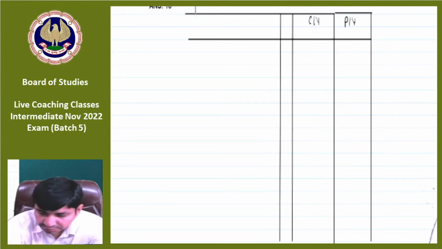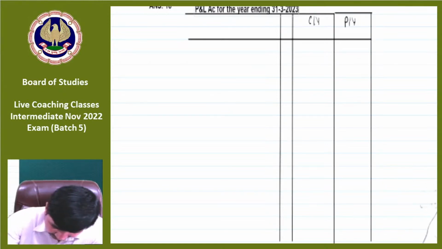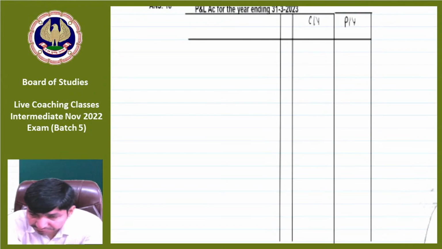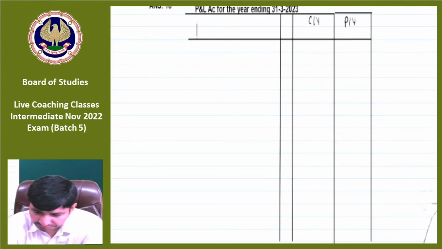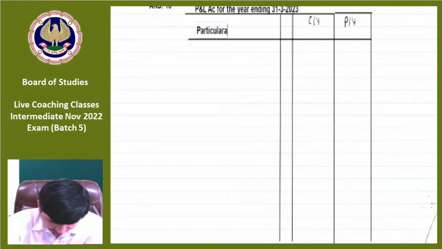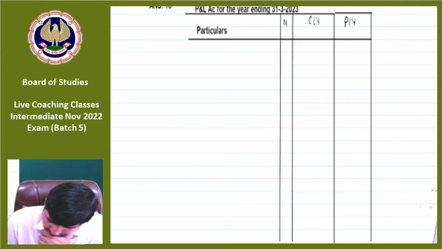Profit and loss account for the year ending 31st March 2023. Name of bank is Dimple Bank. Particulars, then note number.